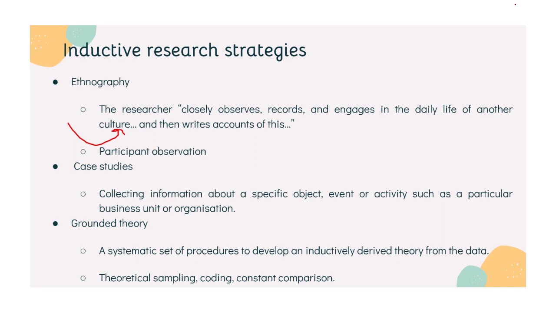While grounded theory, on the other hand, is really systematic. It's a set of procedures that you can develop inductively to derive theory from data. So the aim when you do grounded theory is that you want to create a theory in the end.